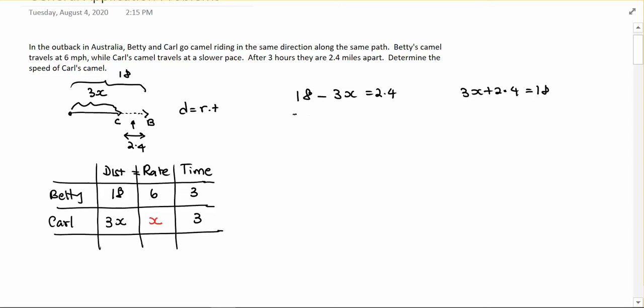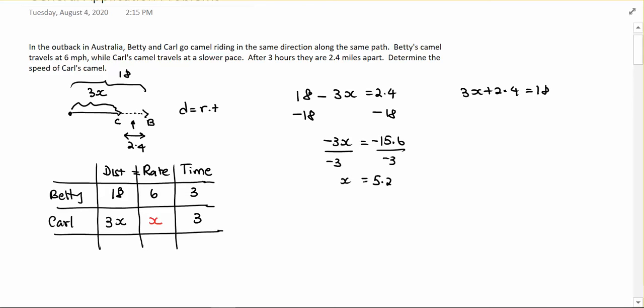So I'm going to subtract 18 from both sides. That's going to give me negative 3x is equal to 2.4 minus 18. So 2.4 minus 18 gives me negative 15.6. Then I'm going to divide by negative 3, and I get 5.2.